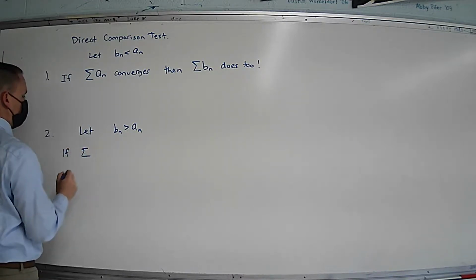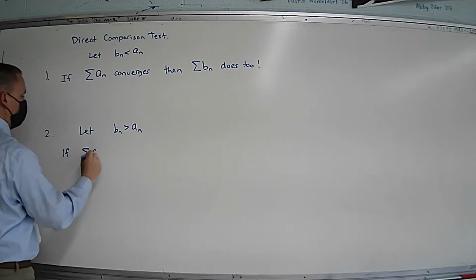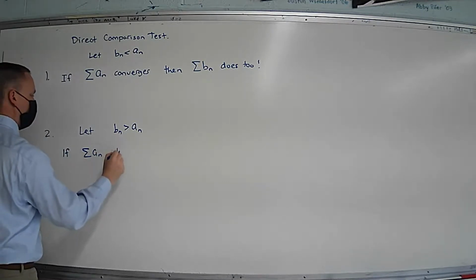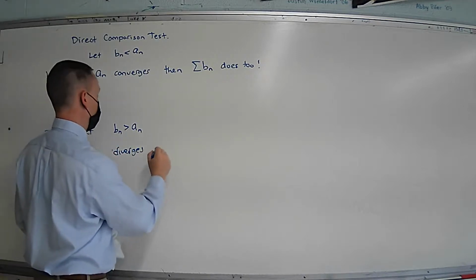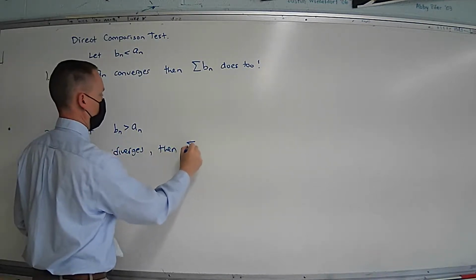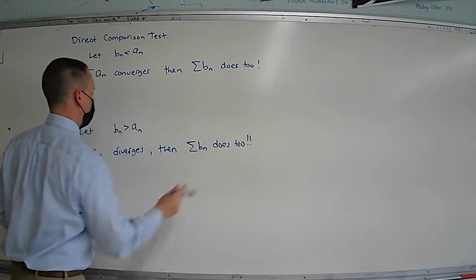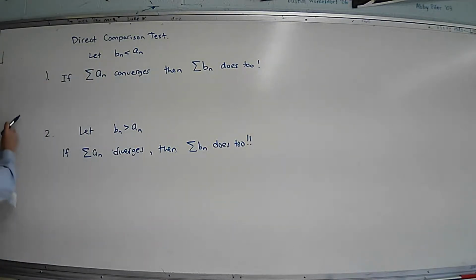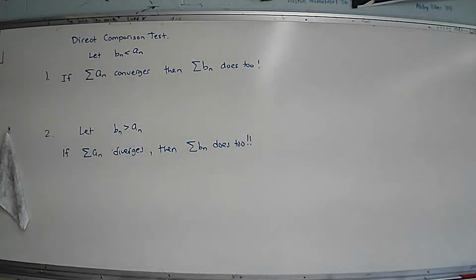And if we can show that our unknown is greater than a known diverger, then we diverge. Okay? So if your unknown series is less than a known converger, it converges. And if your unknown series is greater than a known diverger, it diverges.